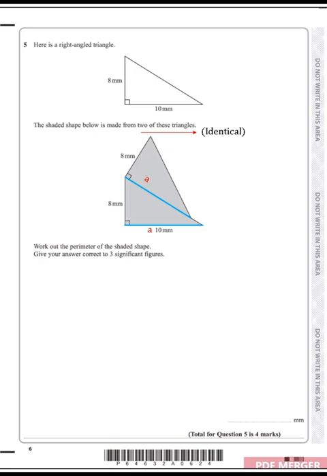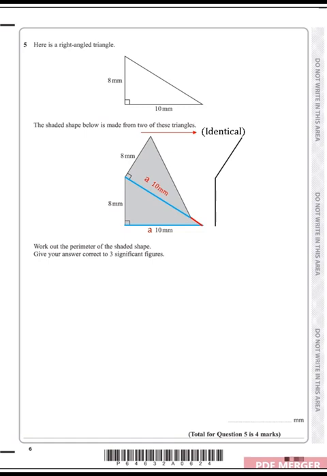So let's label everything we know so far. For the bottom triangle, the base is 10 millimeters, and for the top triangle, A is also equal to 10 millimeters. This red line is the length that we need to work out. But the only way to work this out is to first work out the hypotenuse.